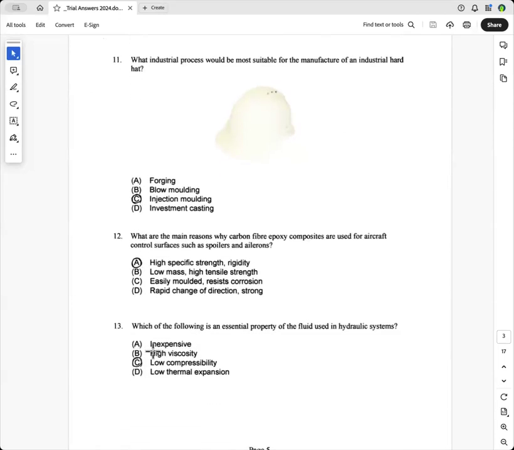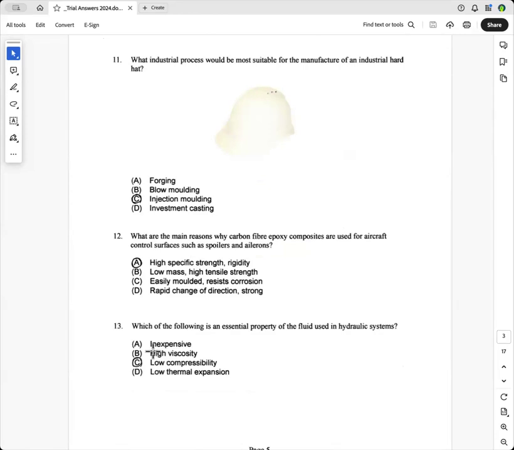What are the main reasons why carbon fiber epoxy composites are used for aircraft control surfaces, such as spoilers and ailerons? Now, spoilers and ailerons are components of wings, and you really don't want them to flex. So you're looking for rigidity.